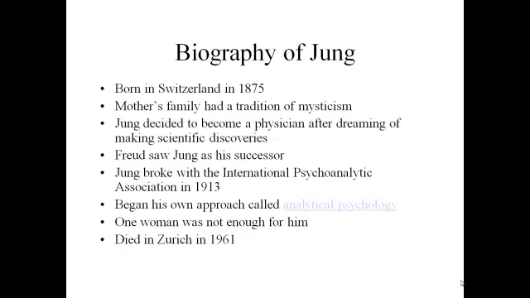He wanted to become a physician, and Freud and Jung were very close. Jung was younger, very brilliant, and Freud really, so they had a really close relationship. However, as Jung developed his theory, he and Freud had a falling apart.